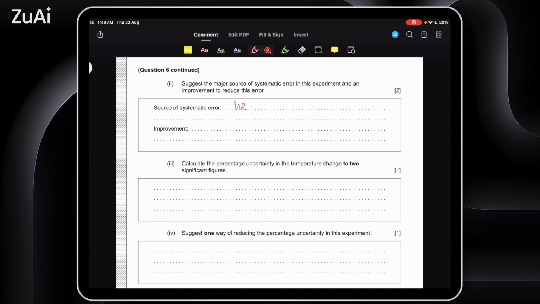So a source of error should be heat loss.